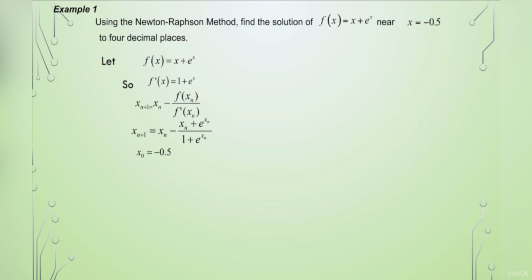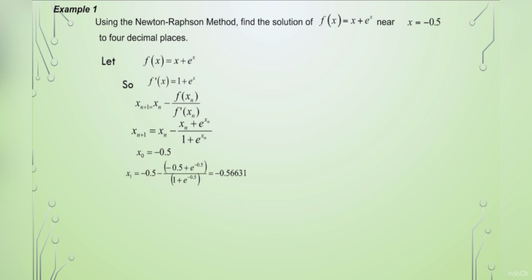So we have x(n+1) = xn - (xn + e^xn)/(1 + e^xn). Then we start with this initial value or first approximation, x0 = -0.5, and use it to find x1. So we have -0.5 - (-0.5 + e^-0.5)/(1 + e^-0.5).